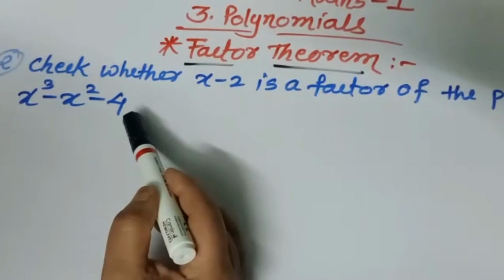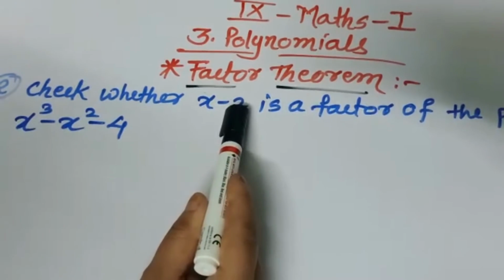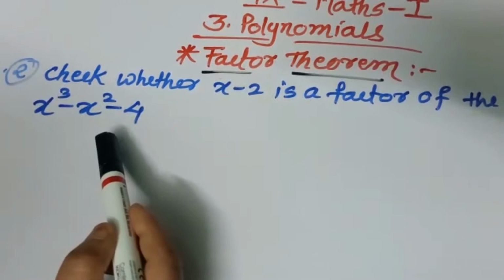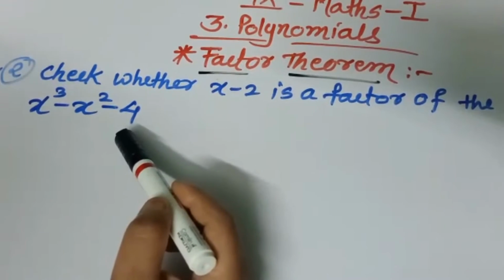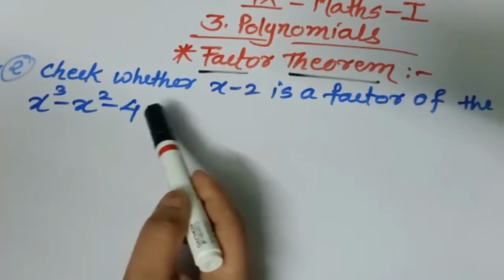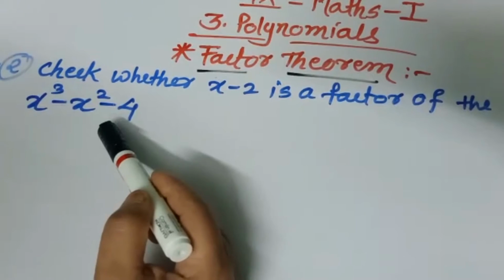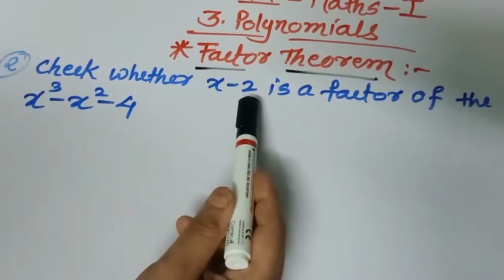After putting the opposite number of this x minus 2, if we get remainder 0, then we can say x minus 2 is a factor of that polynomial. To decide this, we substitute its opposite number; actually we are dividing this polynomial by x minus 2.